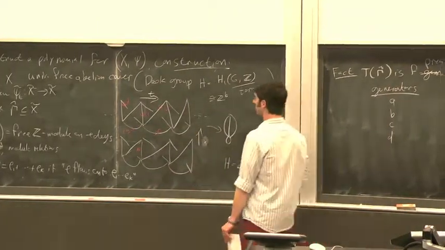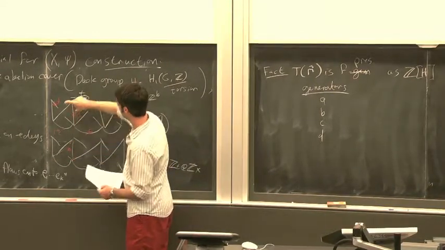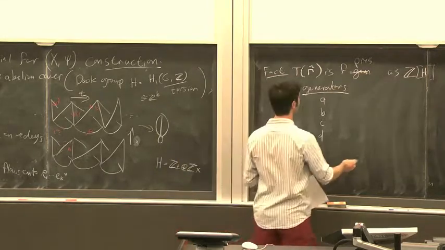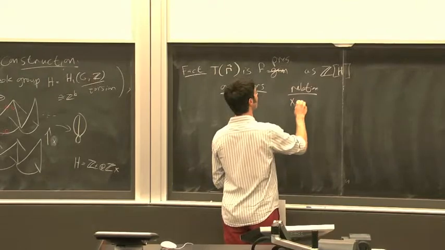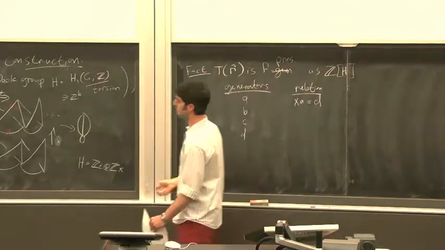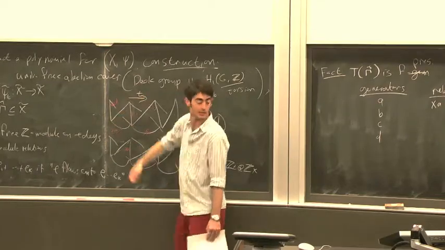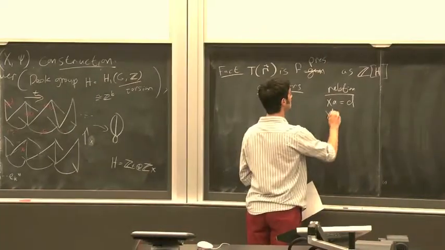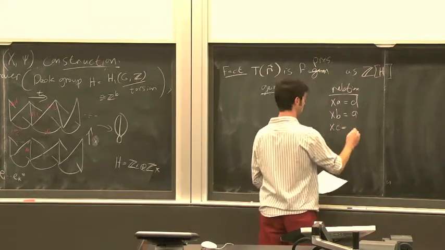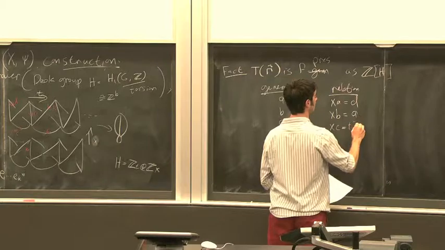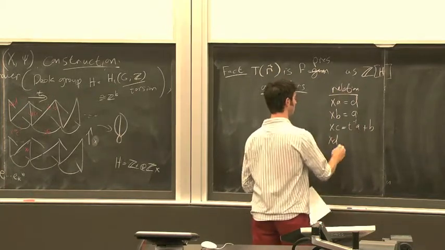So A, we forgot what the map does, so I'll just tell you. A maps to D, I think. So I get a relation that XA equals D. Right? So this edge down here labeled XA, if I flow it up, I claim it lands on this edge D. So that's a relation. And similarly, XB, I claim if I flow it up, it lands on A. XC lands on T inverse A plus B. And XD, if you remember, was sort of complicated.